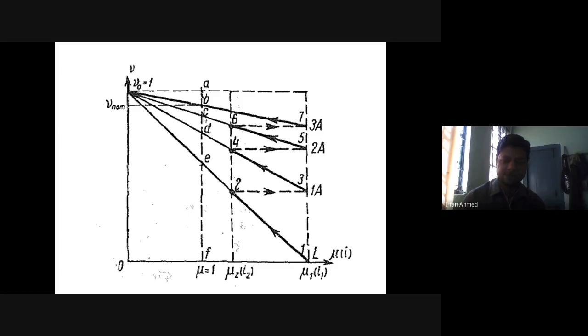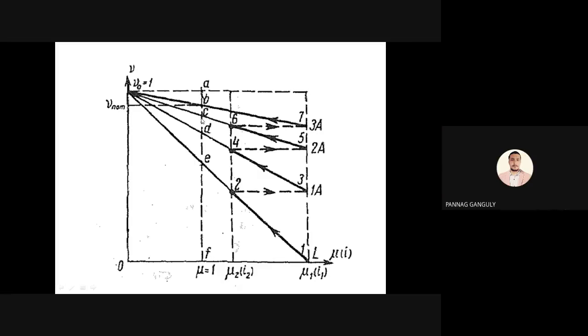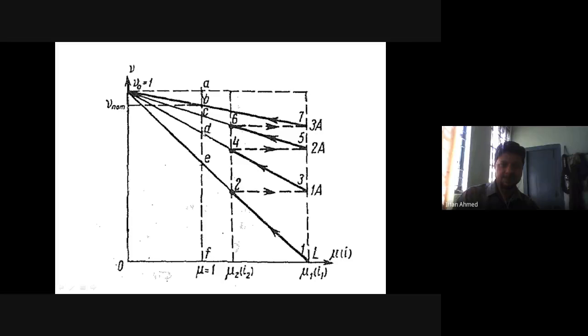I add another resistance R2. Now there are three resistances in the armature circuit: the armature resistance itself plus R3 plus R2, so that the characteristic shifts further downward. Now, what is the length AD? It is still small r, but small r is now equal to R armature plus R3 plus R2 divided by R nominal.